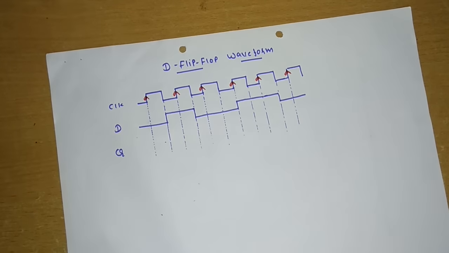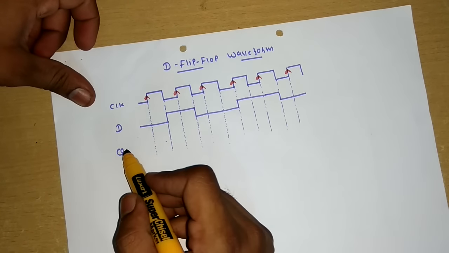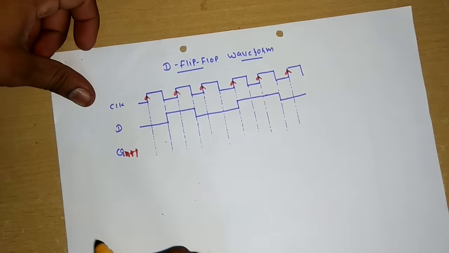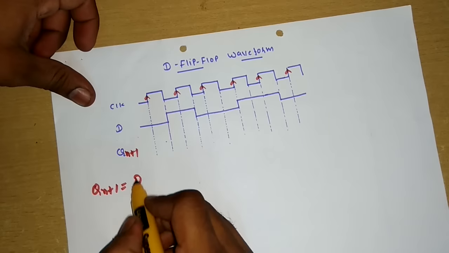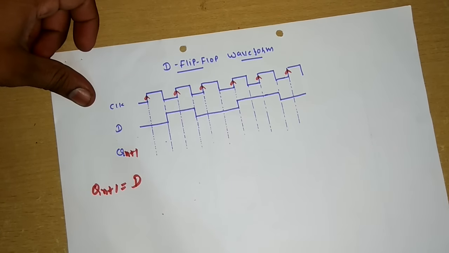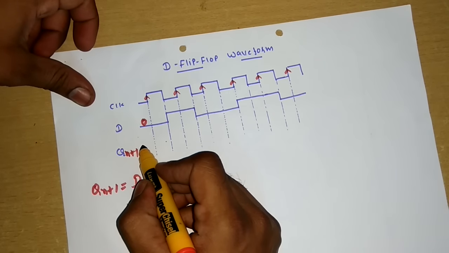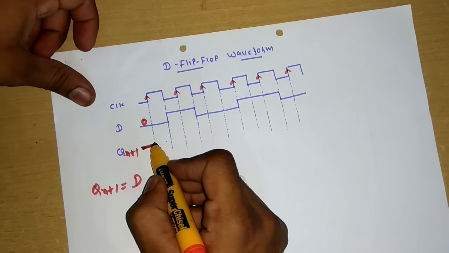So with this input, see what my Q is. According to my characteristic equation, Qn plus 1 must be equal to D, right? So initially, let's say my input is 0 from this waveform, so my initial output, let's say it is 0.